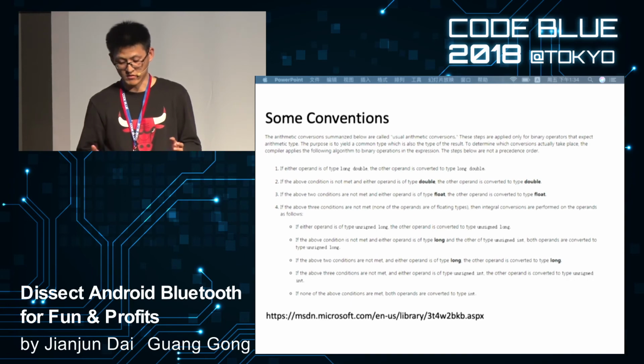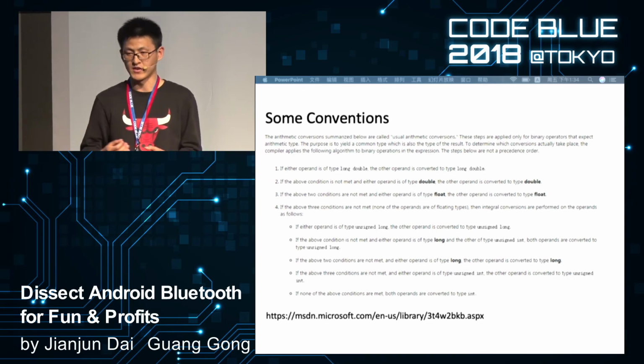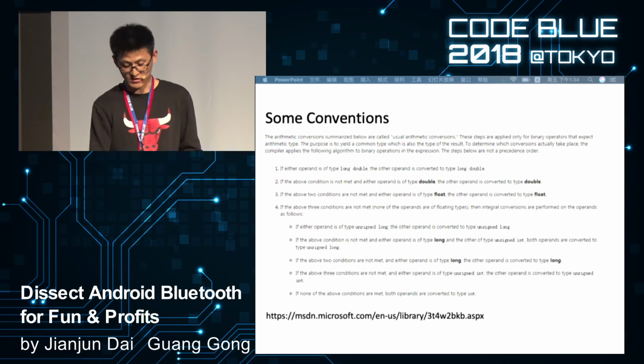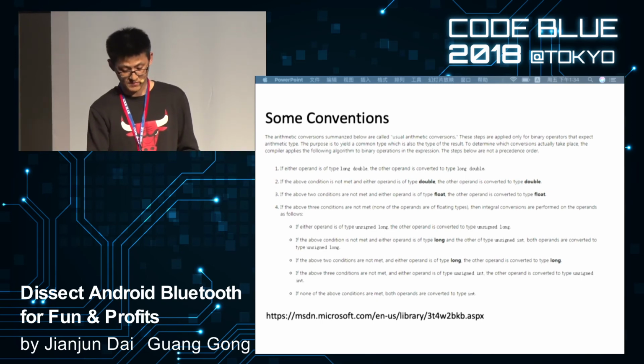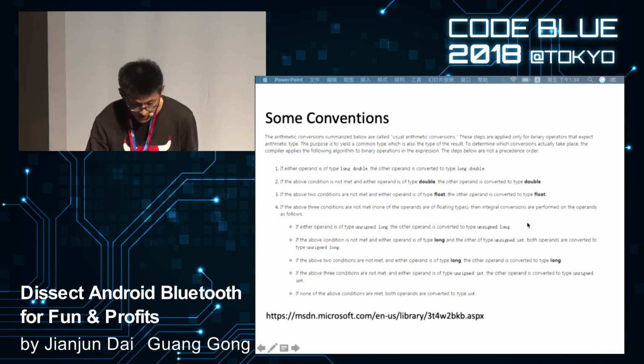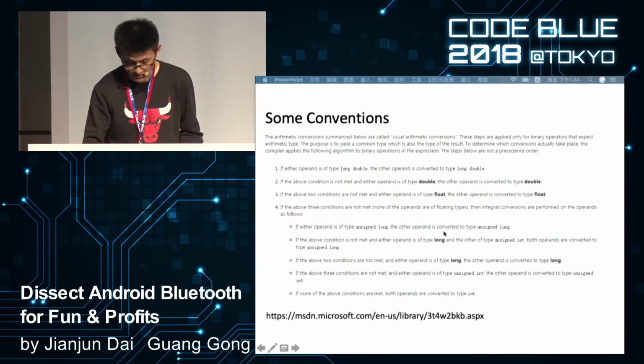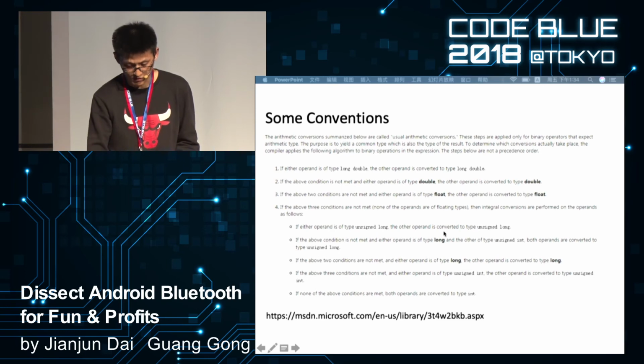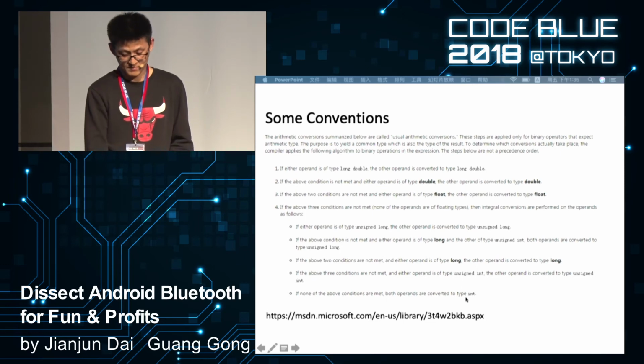Because of the time, I won't talk about every clause, just go directly to the last one. Last one: if the operands are not double, are not float, are not unsigned long, and not long, the compiler converts them into int type.